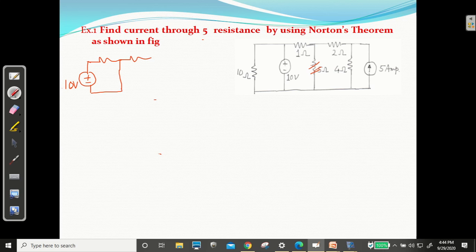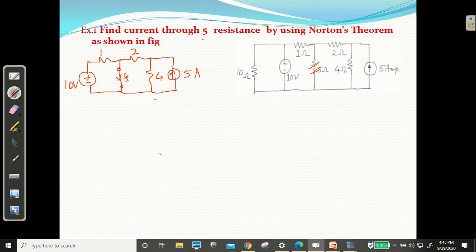This is 2 ohm, 4 ohm, and this is the 5 ampere source. This is shorted. Clear?